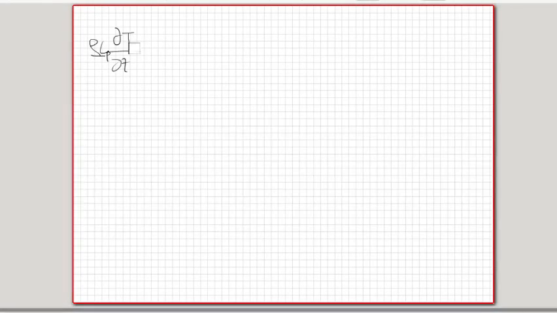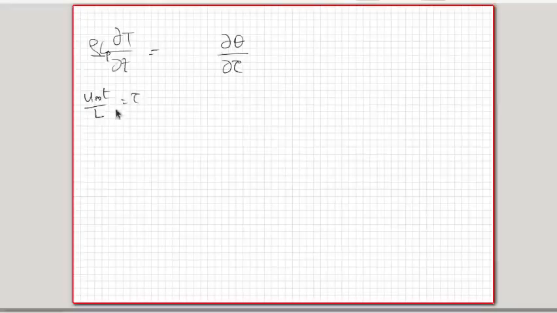If I just try to normalize temperature in terms of theta, I'll write del theta by del tau. So what does this tau become? This tau is t u infinity by L is equal to tau.